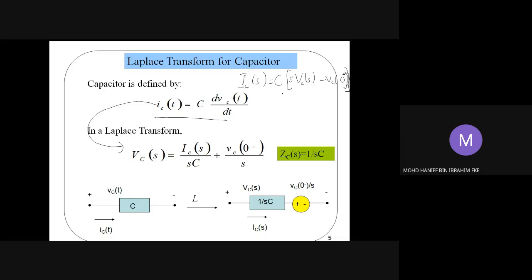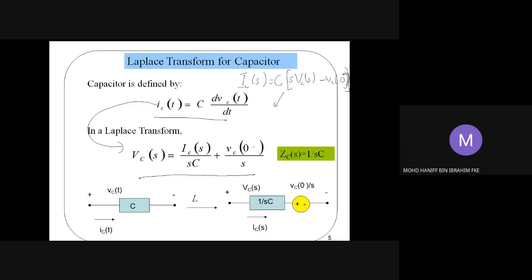We have V_C(s) equals 1 over sC times I_C(s) plus V_C(0 negative) divided by s. So that should be the equation in the S domain.